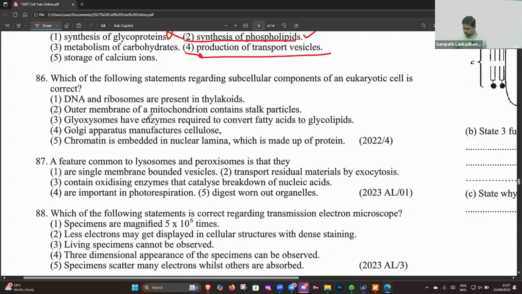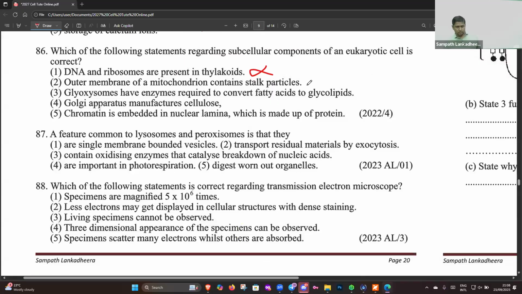Question number 86. Which of the following statements regarding subcellular components of the eukaryotic cell is correct? DNA and ribosomes are present in thylakoids. Wrong. The outer membrane of mitochondrion contains stalked particles. Stalked particles are in the inner membrane.